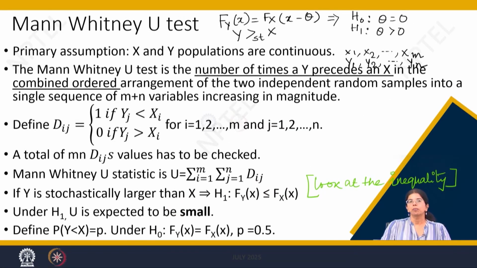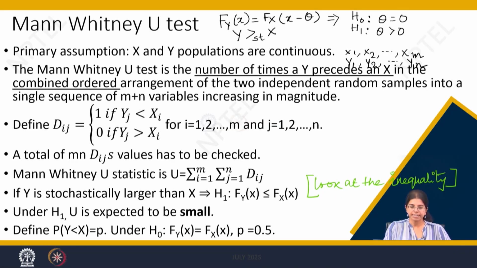So, the most widely used two-sample location test is the Mann Whitney test. In the Mann Whitney test, what are you trying to test? You are trying to test that the two distributions Fy and Fx differ by a shift of location.